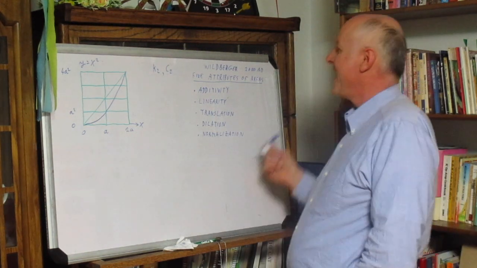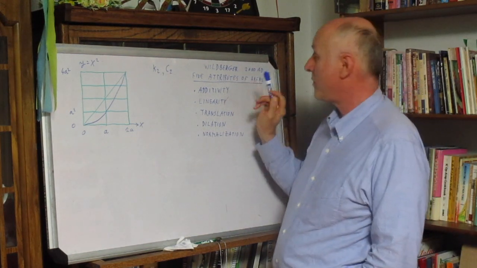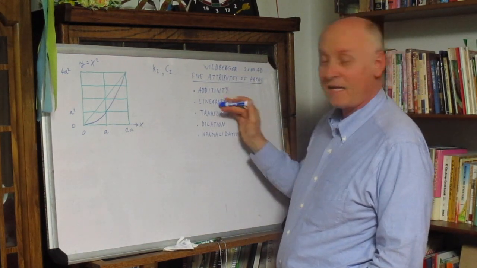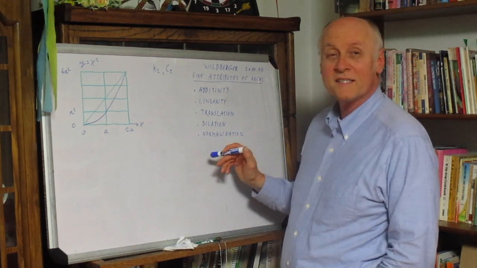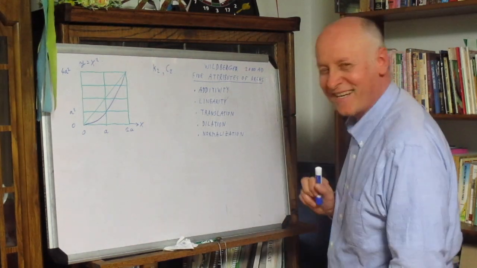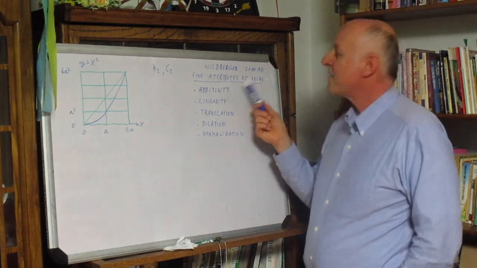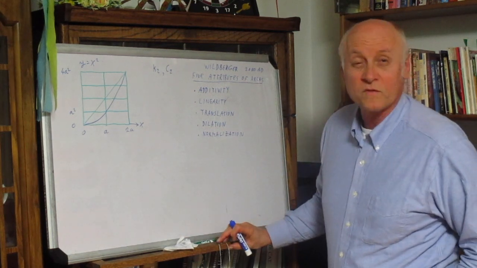Okay. The 5 attributes of areas, according to Weilberger: additivity, linearity, translation, dilation, normalization. Five amigos, they're your friends. Additivity, let's just briefly summarize them. I'm not going to prove them.